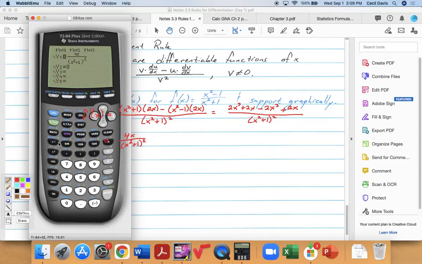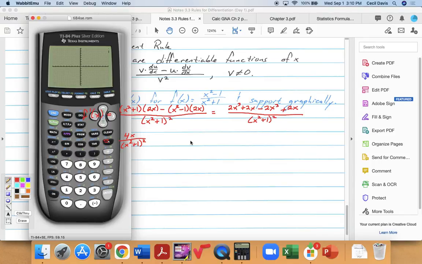And I want to compare that to the numeric derivative. So that's math 8, the derivative with respect to x of x squared minus 1 over x squared plus 1 evaluated at x. And so that we can see it, I'm going to come all the way over here and hit enter 4 times so that it's a little bouncing ball.